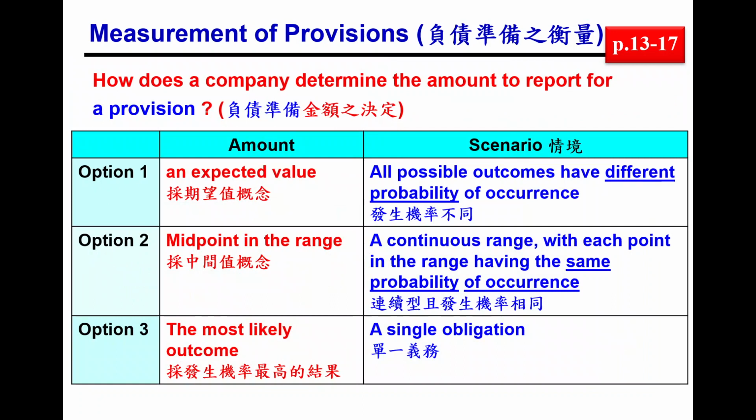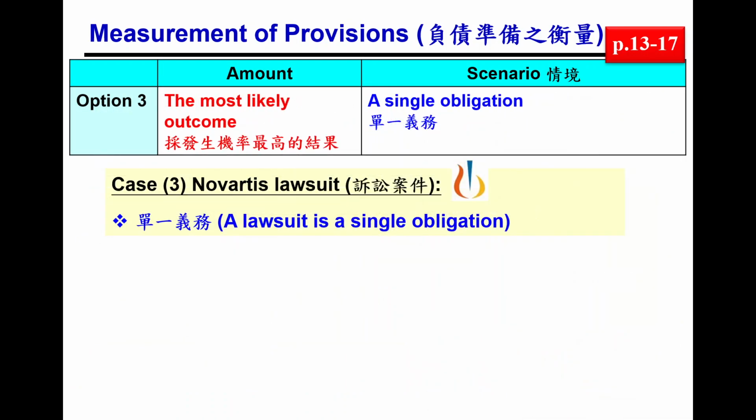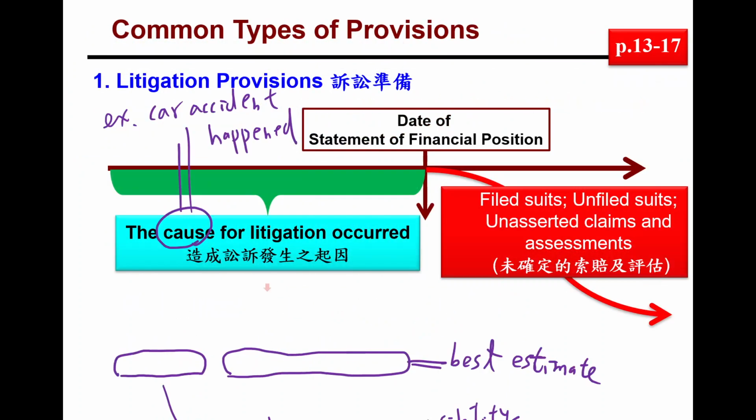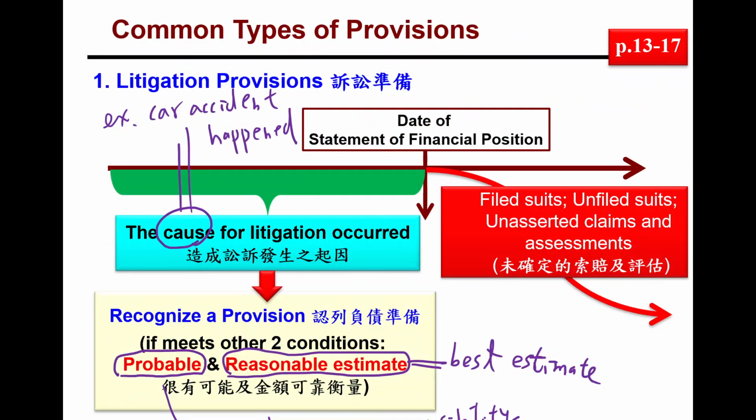Expected value, midpoint, or most likely outcome? Case by case, most likely outcome. Okay, so we will use the most likely outcome to figure out how much we are going to pay for our liabilities.